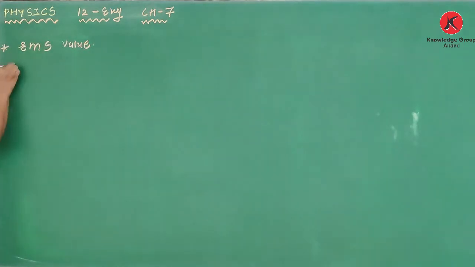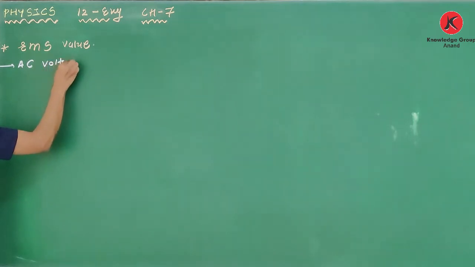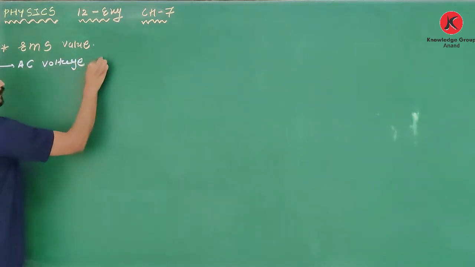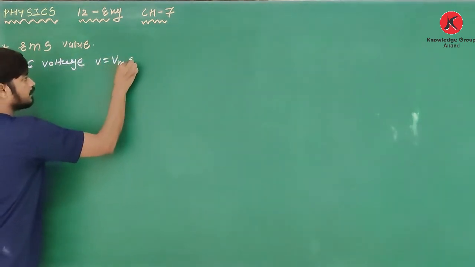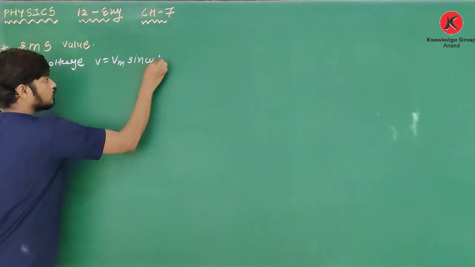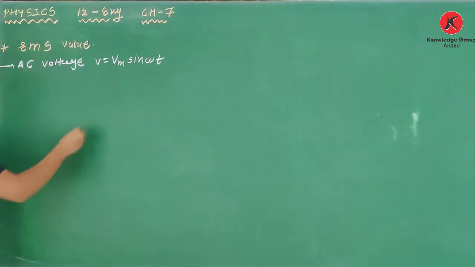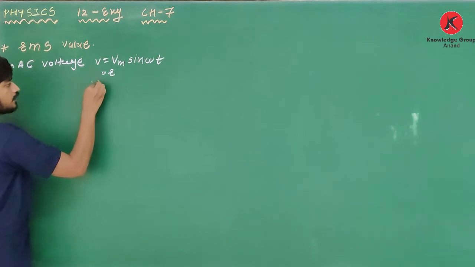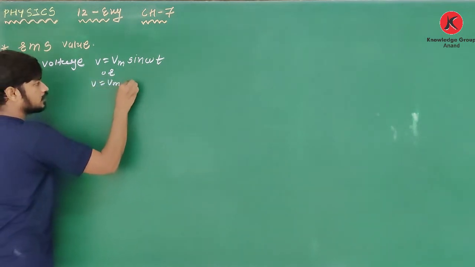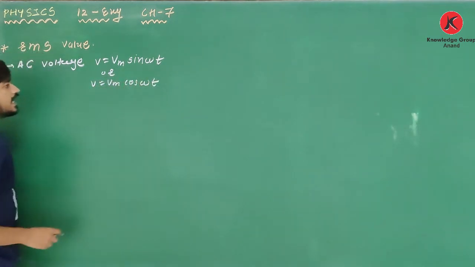See here, AC voltage is given by V = Vm sin ωt, or V = Vm cos ωt.